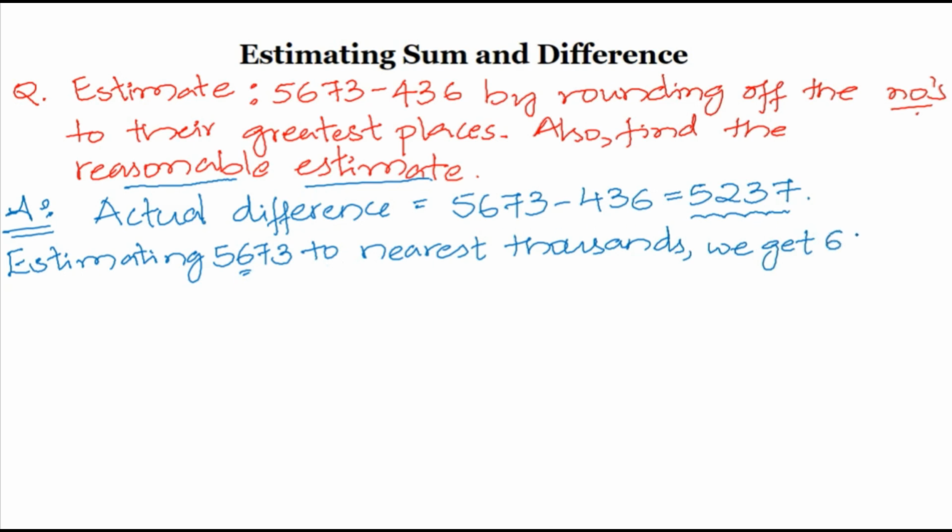So the next digit becomes 6, and the remaining we have to replace by 0. So 6000 is the estimated number to the nearest thousands.